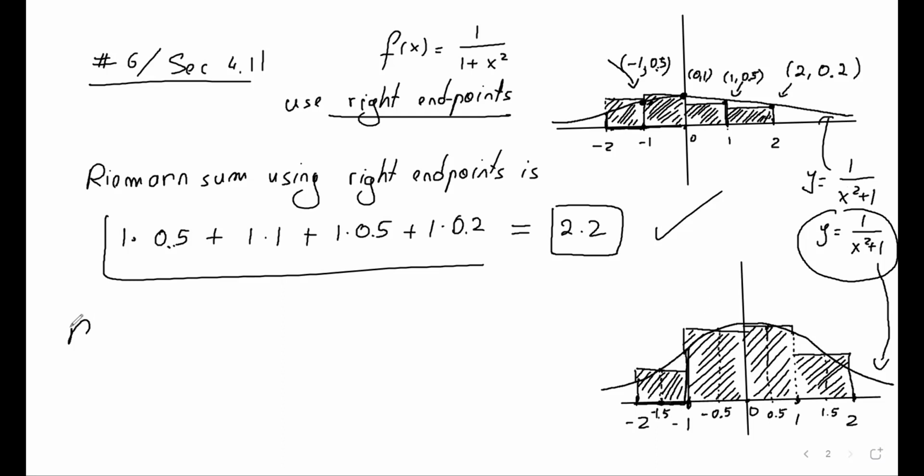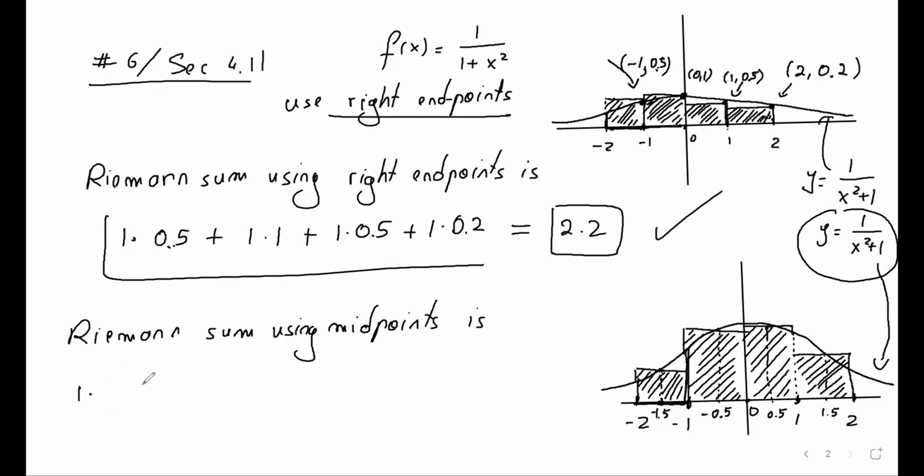So the Riemann sum using midpoints this time around: the base of all these four rectangles is 1.